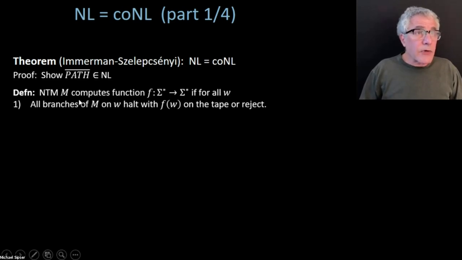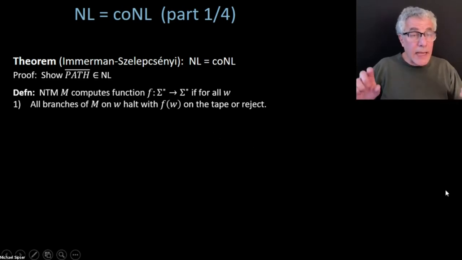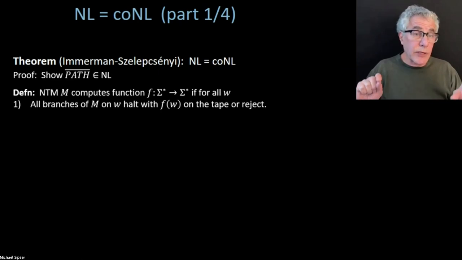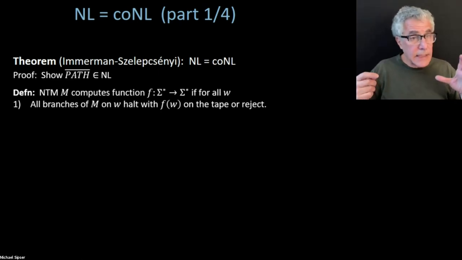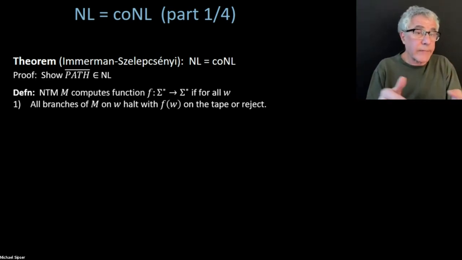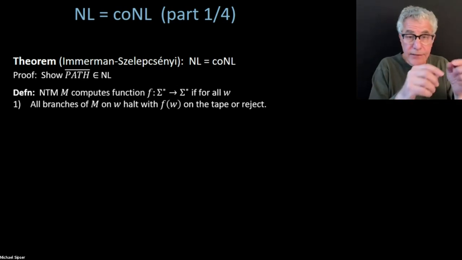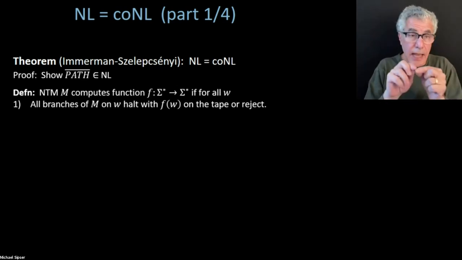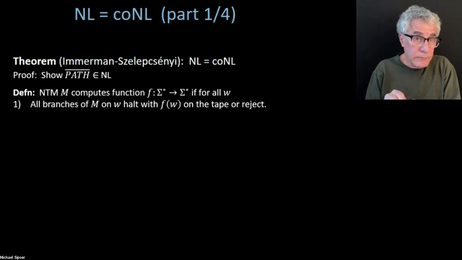We'll see. First of all, I'm going to define a notion of a non-deterministic machine computing a function. That's a simple idea. You have some function f, which has for every w an output f of w.